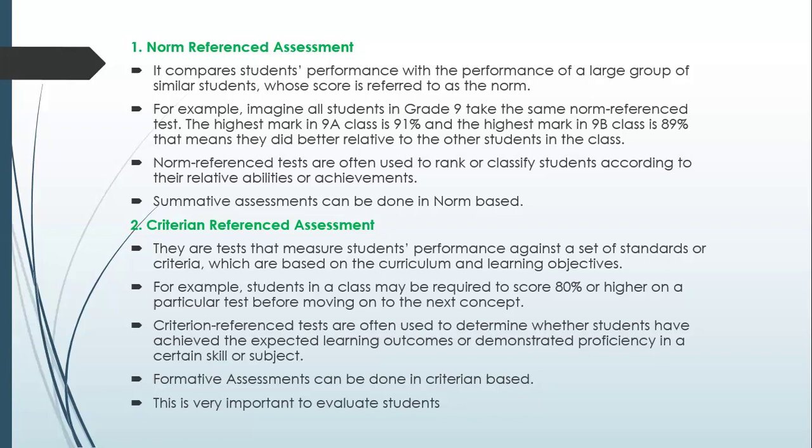So 91 is the highest mark with reference to the 9A class students. 89 is the highest mark with reference to the 9B class. But when we consider 89 marks with reference to 9A, that is not the highest mark. So that is called norm reference.